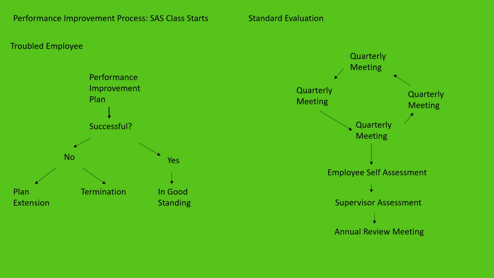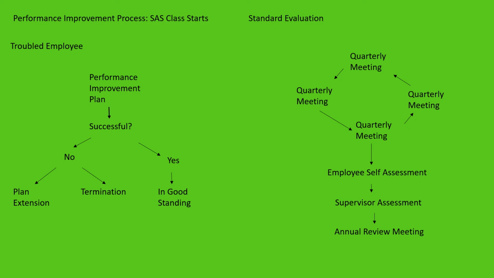And then with the class start team specifically, the performance improvement plan, troubled employee, it's the exact same process. But the class start team adds these, we call them one-on-ones.